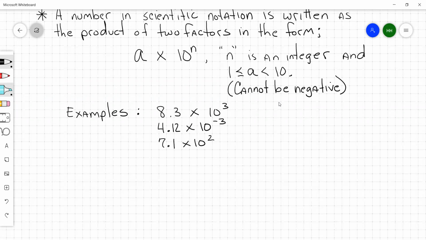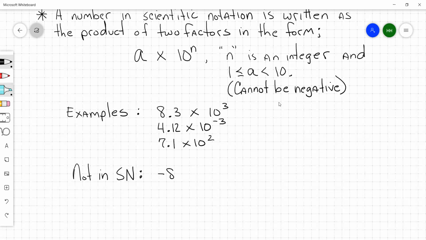Those are all examples of numbers written in scientific notation. And then examples of numbers not in scientific notation.